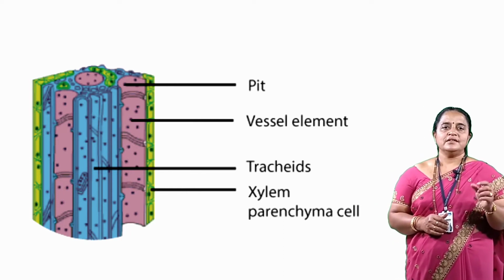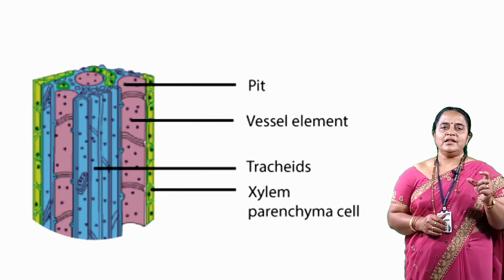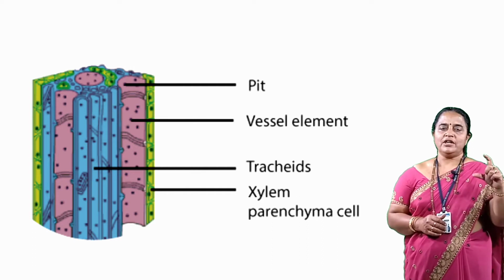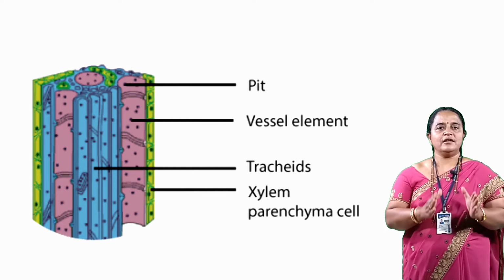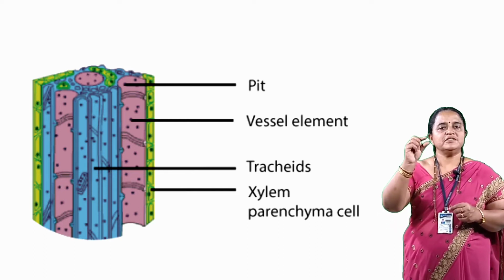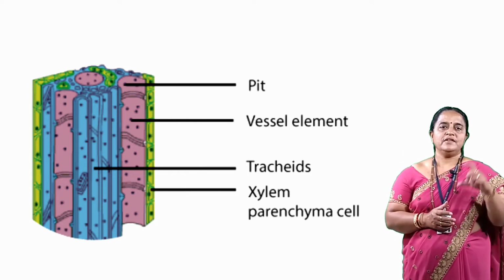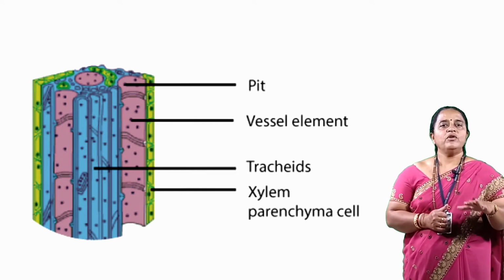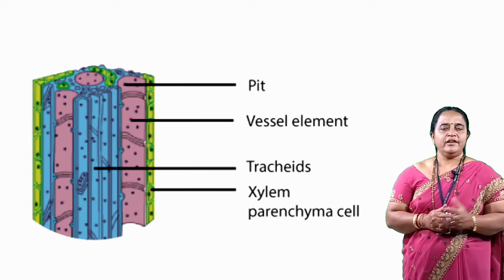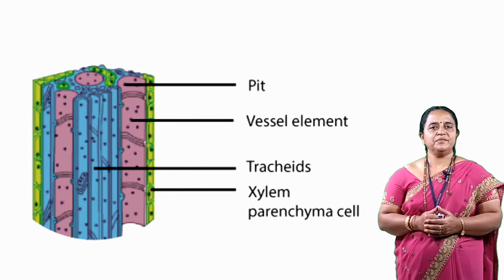Tracheids are smaller in diameter, short in length. They have pits on the lateral walls and perforations are very small. These are unicellular. They are found in lower plants like pteridophytes, even in most of the gymnosperms.